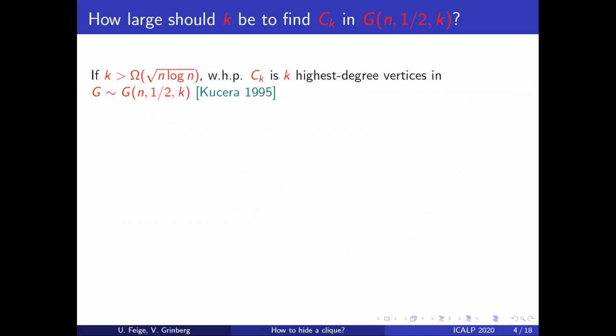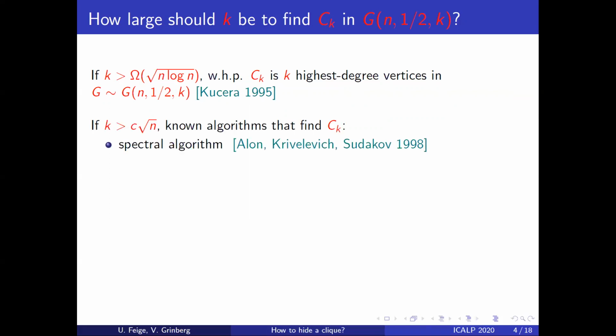In 1995, Kucera showed that when k is greater than the square root of n log n, with high probability, C_k is simply the set of k vertices of highest degrees in G. Later, new polynomial time algorithms for smaller values of k were discovered. Plenty of different approaches have been developed for k being some constant times square root of n.